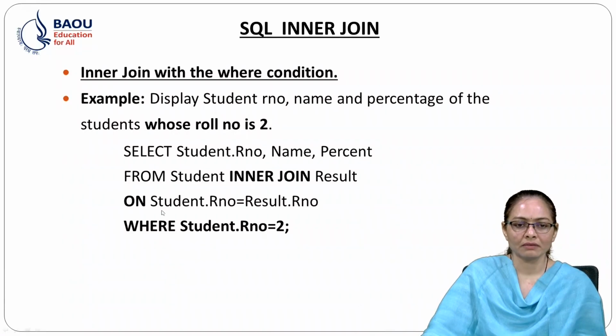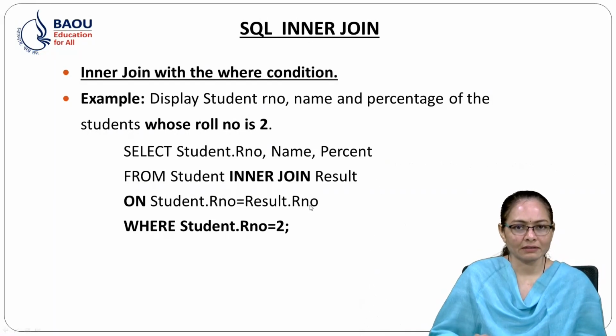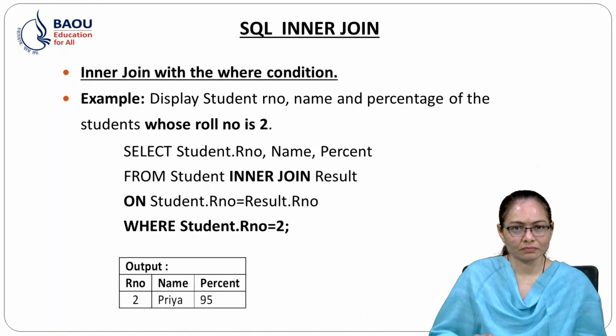After on, we write the student table roll number is equal to, which means both tables are joined using the roll number column. Now where student.roll number is equal to 2.